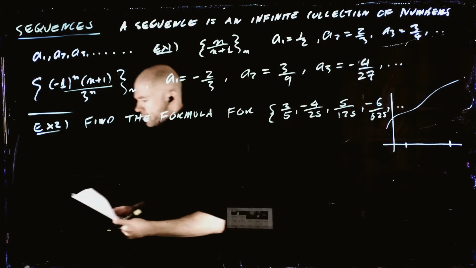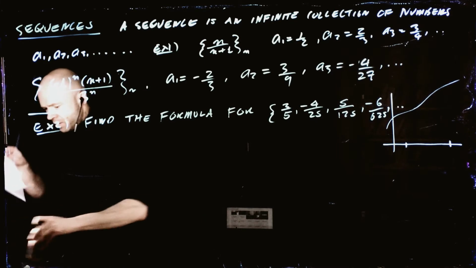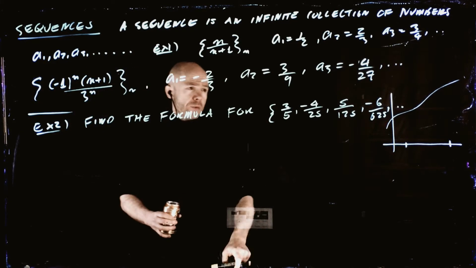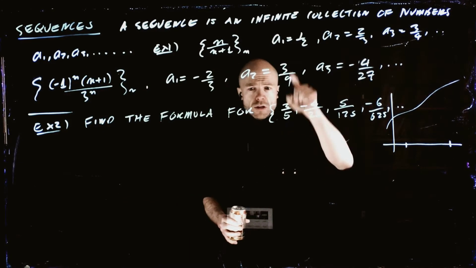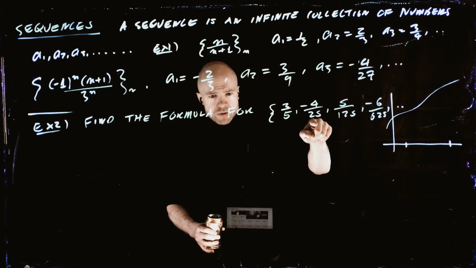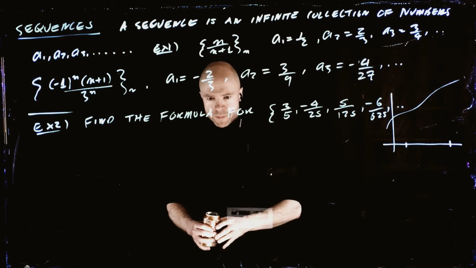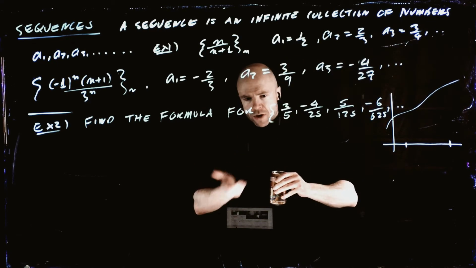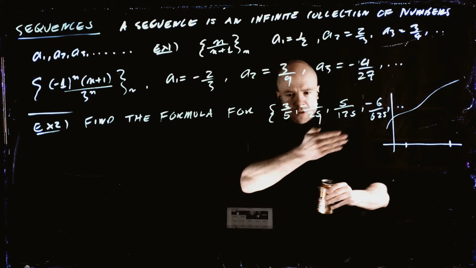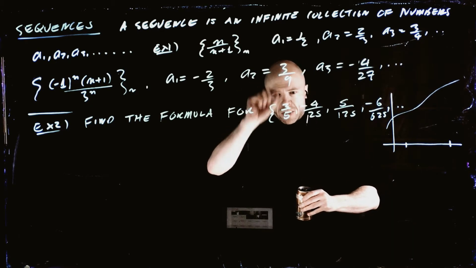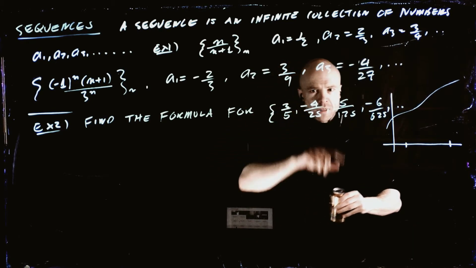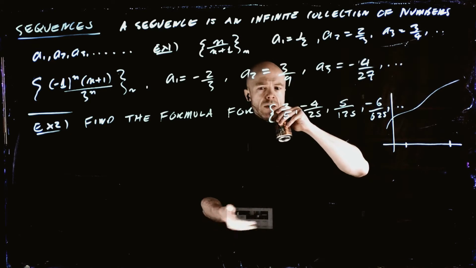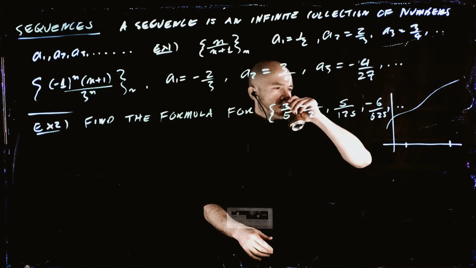Okay, so we want to find the formula that is giving this thing, right? So for 1, we have this, for 2, we have this, for 3, we have this, and so on. Yeah? So we look at this and try and determine what structure we have, how we can define these numbers out of n, where n is 1, 2, 3, and so on. So look at it for a second, and then I'm going to ask you to give me some suggestions.